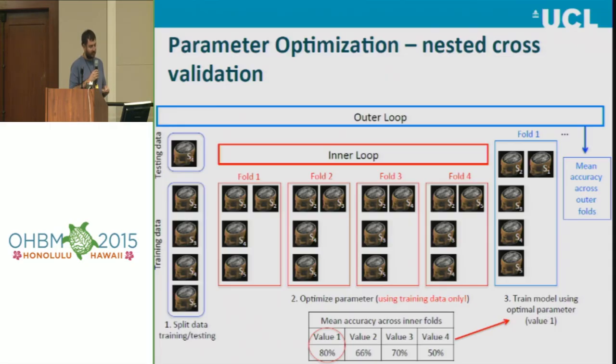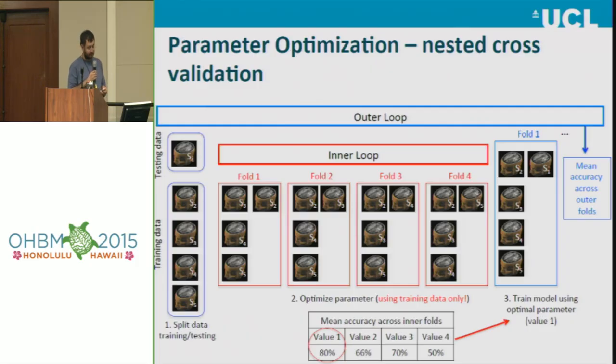So in the first fold you leave out subject 2, in the second subject 3, and so on. We can apply this and evaluate classification accuracy over a number of different hyperparameter values. Once we've done that, we can look at, for example, the mean accuracy across the inner folds in the table there, and just pick the hyperparameter that gives us the best accuracy.